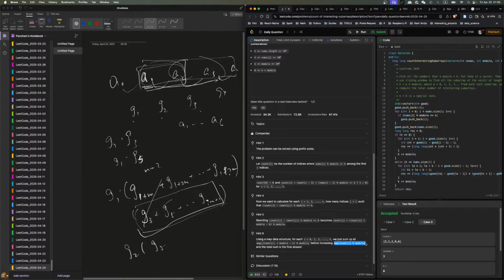Why do we modulo it? When we do the count, it doesn't make any sense. Right? We have the current count, and we need to know previously, because I have all the previous counts.